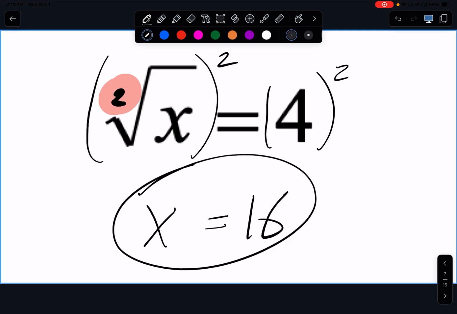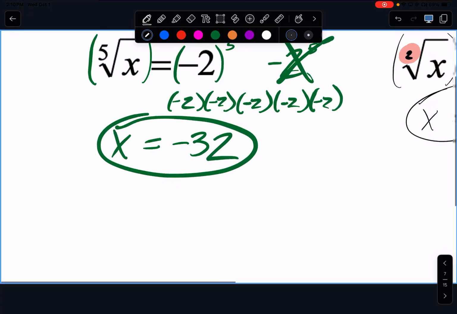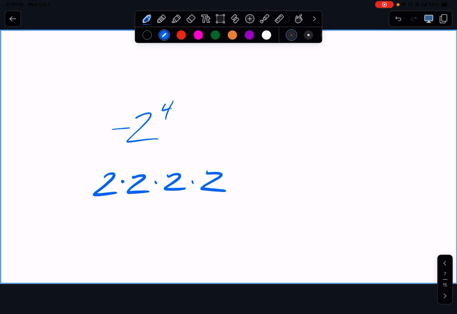Okay? Now, somebody was asking about the negative thing I alluded to over here in the green one. So I want to show you this. If we do this, and I'm going to use 2, but I do -2 to the 4th, and it's an even exponent. What that right there actually is, is 2 times 2 times 2 times 2 with a negative out in front. So that's going to be -16.